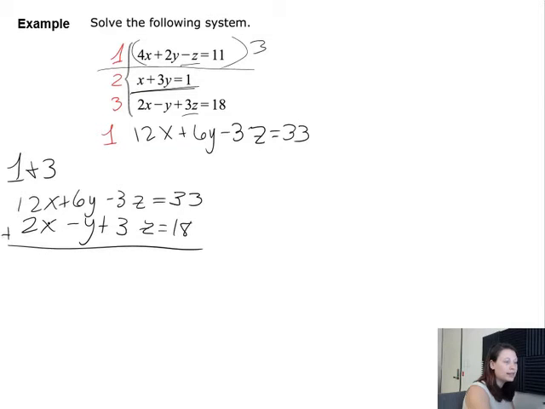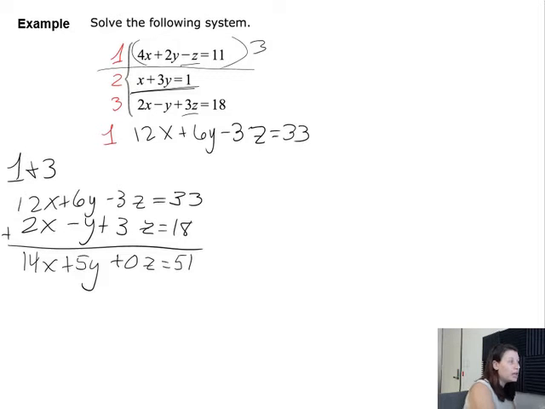So let's add these together. 12x and 2x is 14x. Then 6y and minus y is plus 5y. Negative 3z is plus 0z. And then 33 and 18, that's 51.